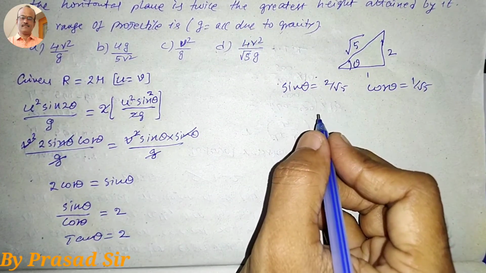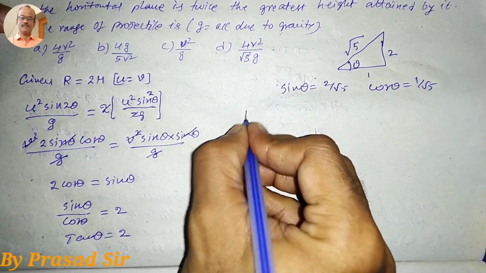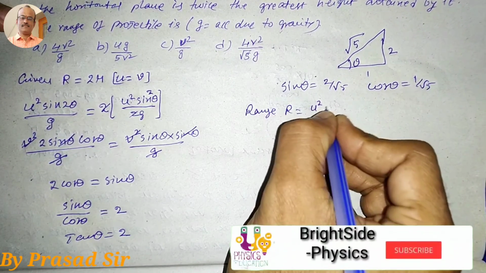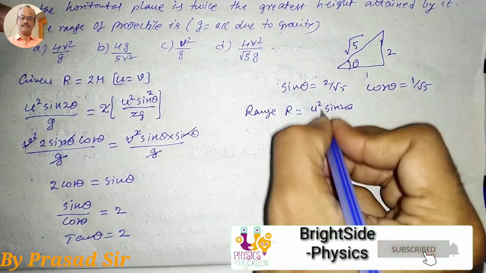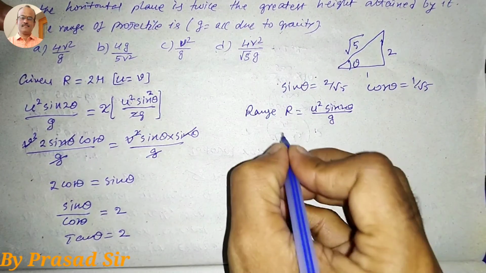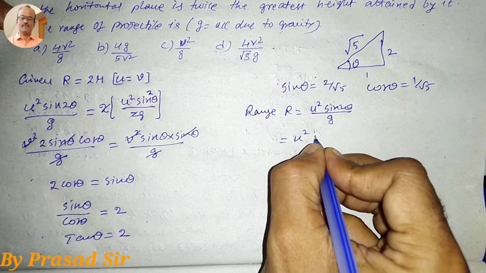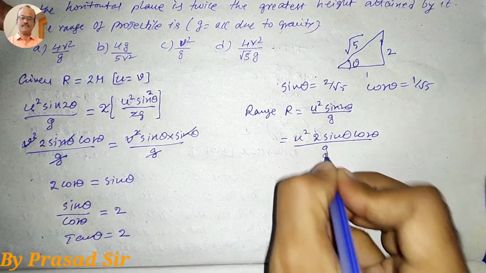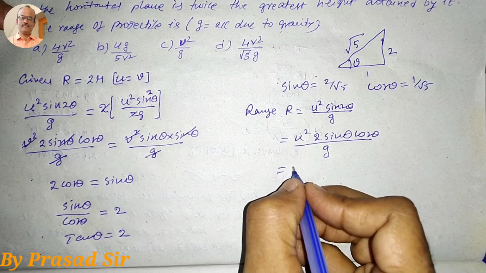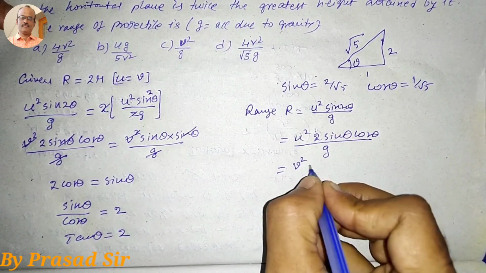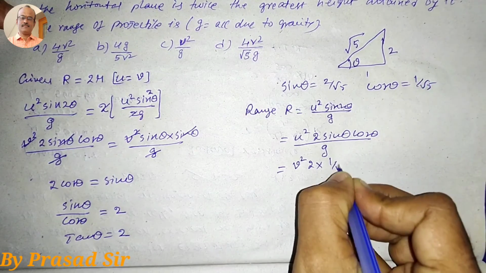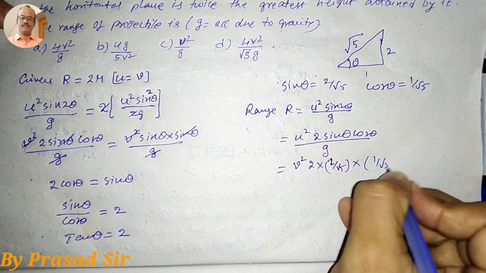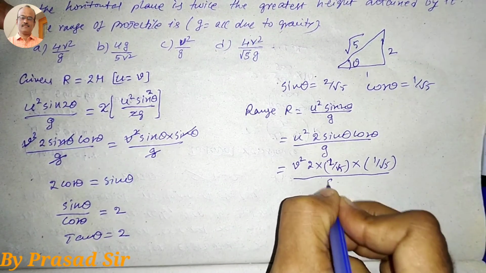So which one do we want to calculate here? The range of the projectile. So range R is equal to u square sine 2 theta divided by g, that means u square, 2 sine theta cos theta, divided by g. Here u square is nothing but v square, 2 into sine theta, that is 2 by root 5, cos theta, that is 1 by root 5, divided by g.